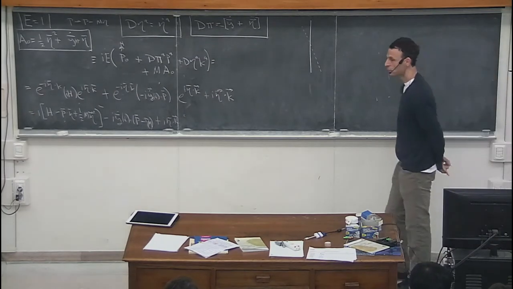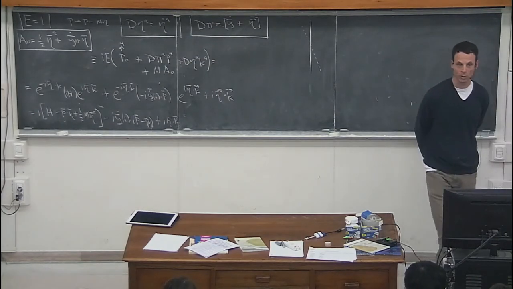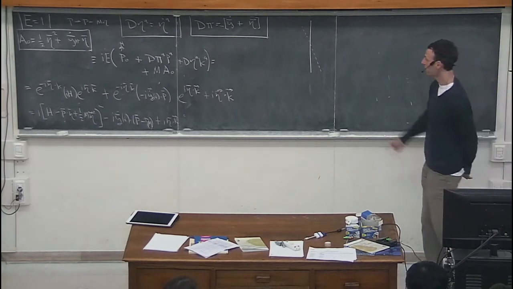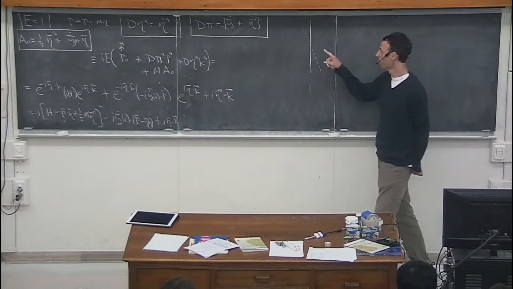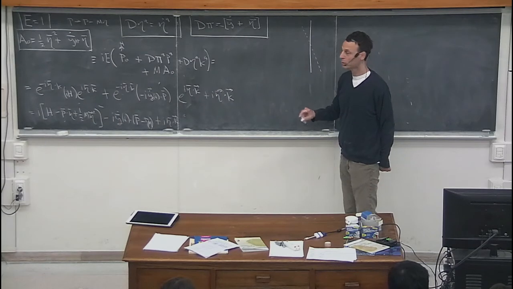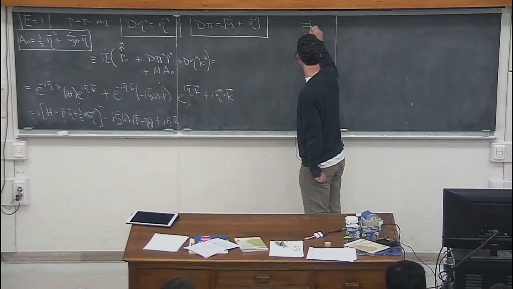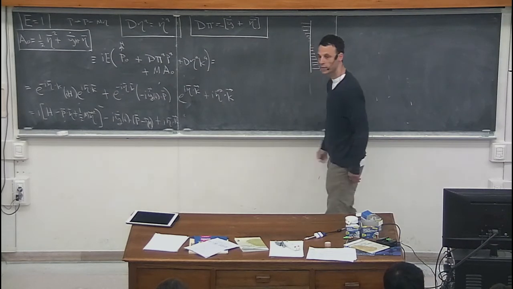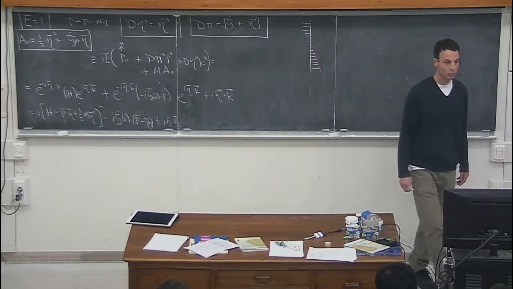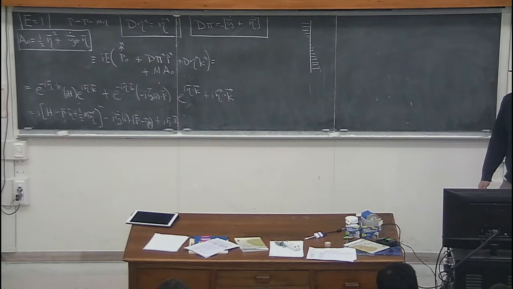But remember, Goldstone bosons are local objects, so I could equally well reach the same state of the system by making a local translation. So I translate here by this amount. And you can see I can achieve a rotation by a local translation.